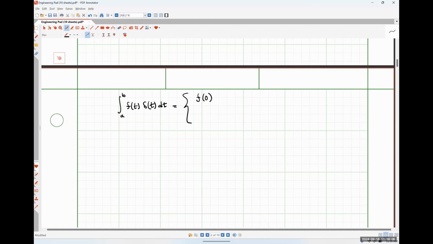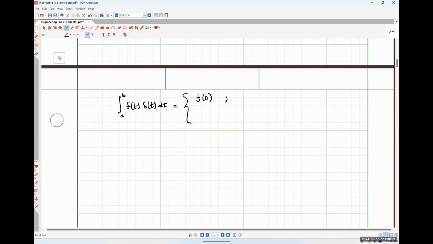Let me make sure this makes sense. The delta is 0 for all points in time except for t equal to 0. So when we multiply these two together, at any time that isn't exactly t equal to 0, the result is just 0. It only exists when t is equal to 0. So f at 0 gets sifted out of the signal.